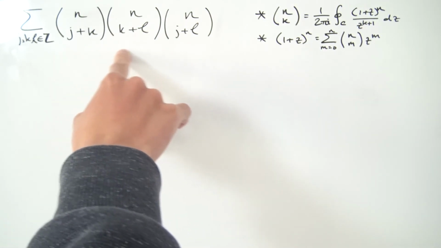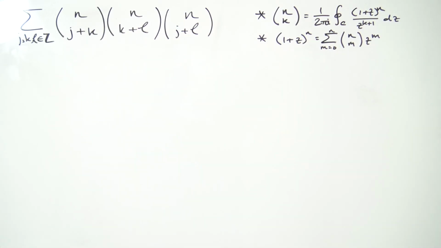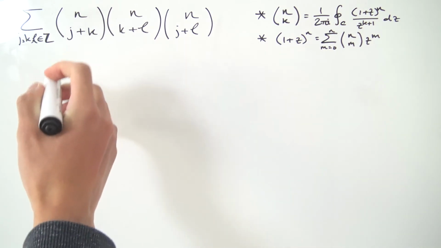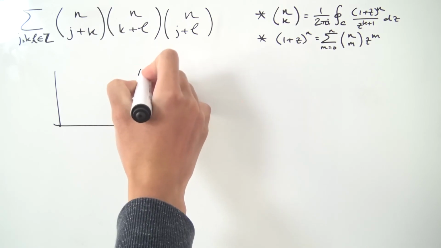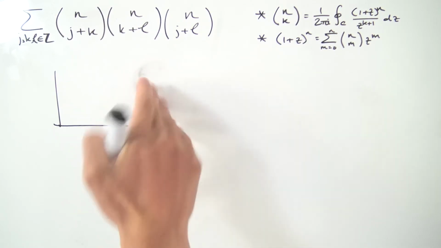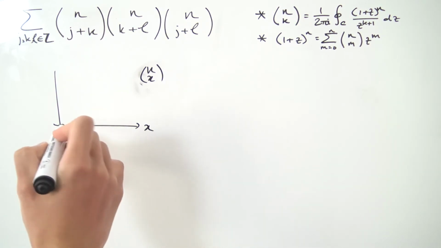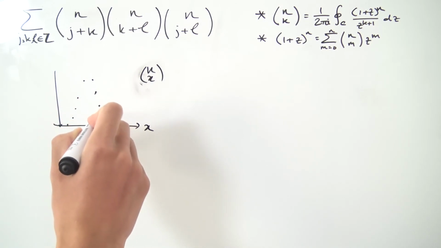I think you're only going to be summing over n plus 1 cubed terms, because with these binomial coefficients, if you graph, for example, n choose x, and this is the x-axis, you're going to get a plot that looks kind of like a binomial distribution.